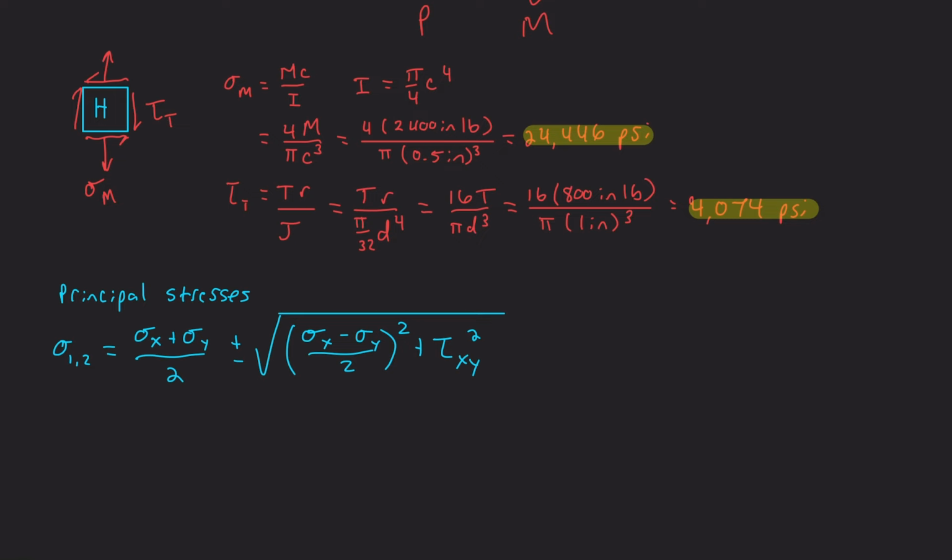If you're thinking in terms of the Mohr's circle, this is going to be equal to the center plus or minus the radius of Mohr's circle.